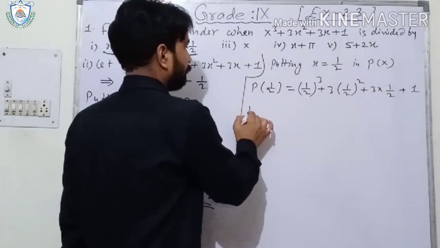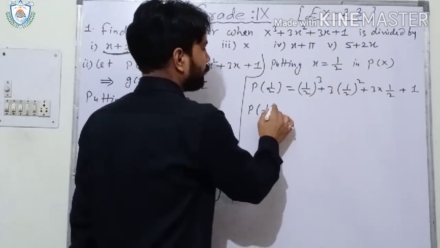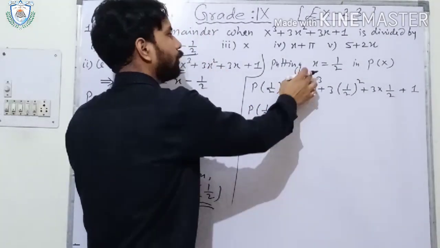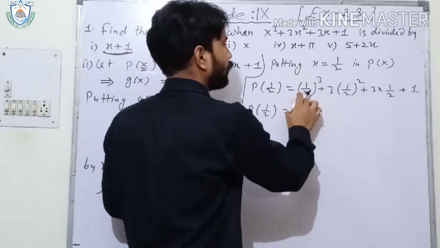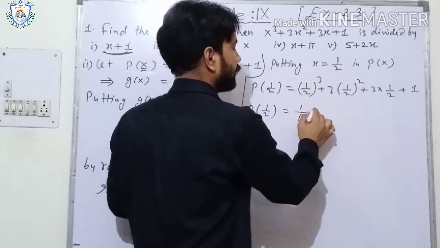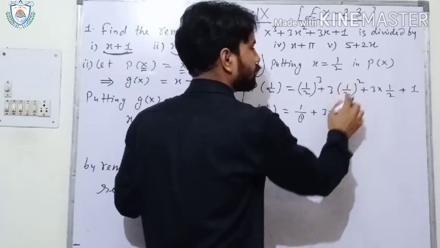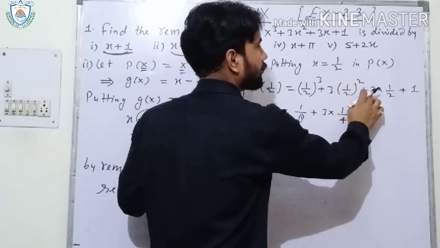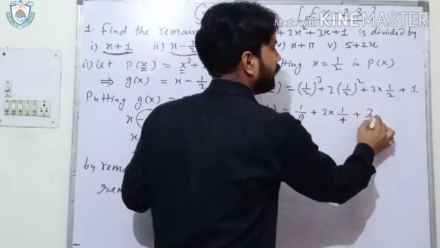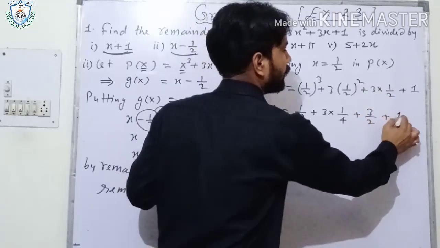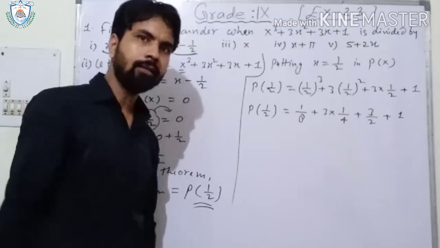Now P of 1 by 2 equals, beta, 1 cubed. 1 cubed upon 2 to the power 3 gives you 1 upon 8, plus 3 into 1 squared upon 2 squared gives you 3 upon 4, plus 3 multiplied by 1 upon 2 gives 3 upon 2, plus 1 will remain the same. Clear?